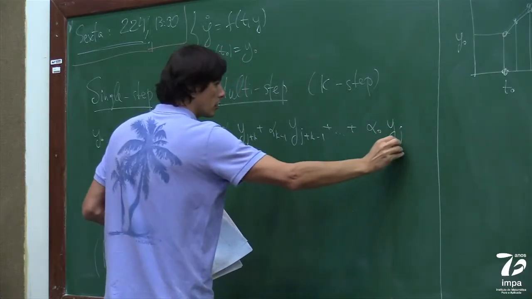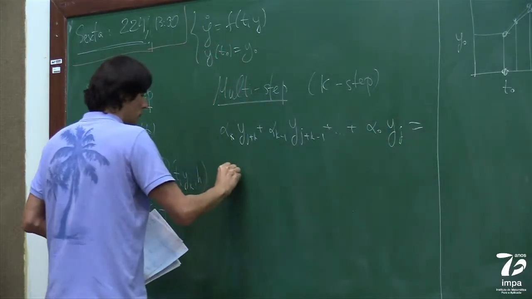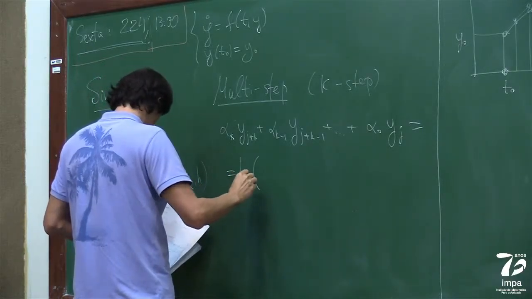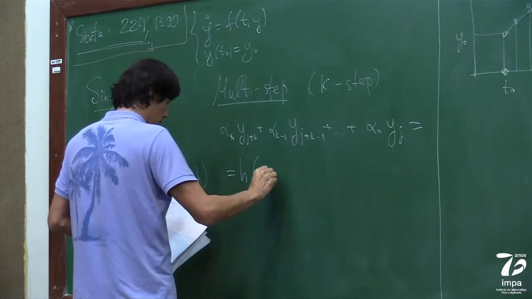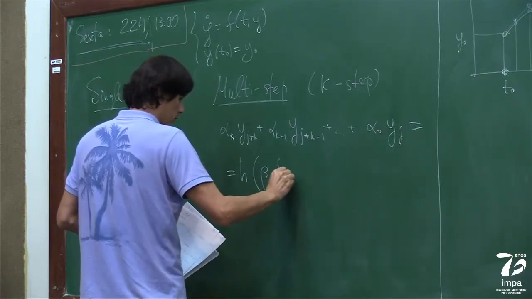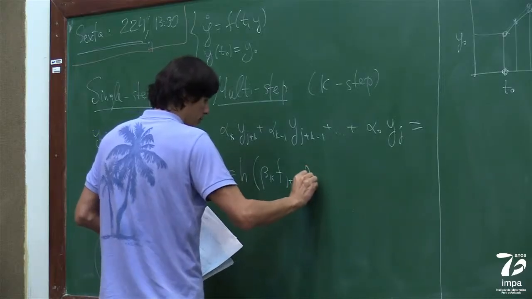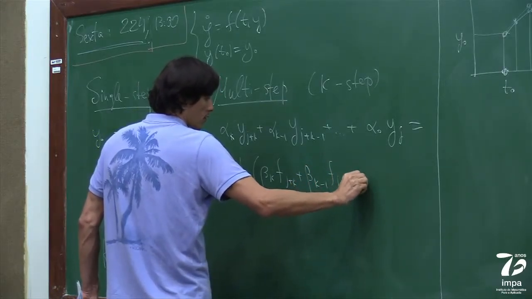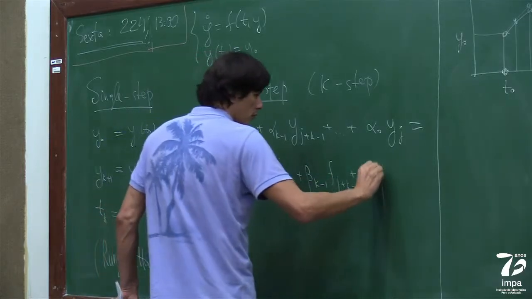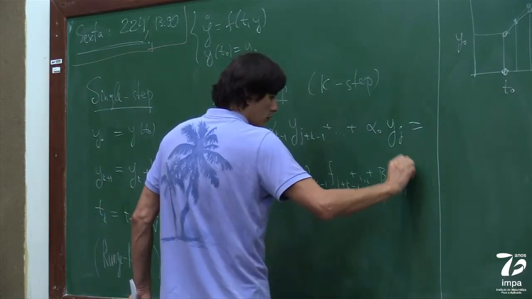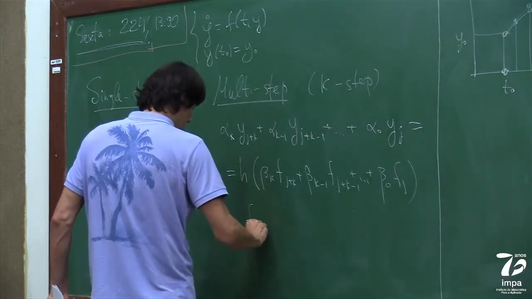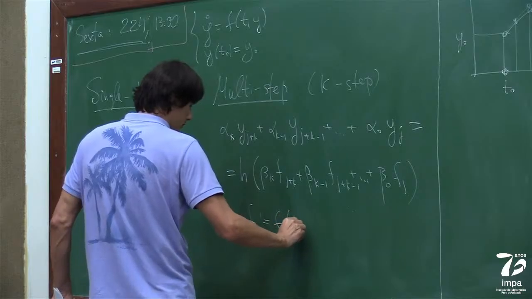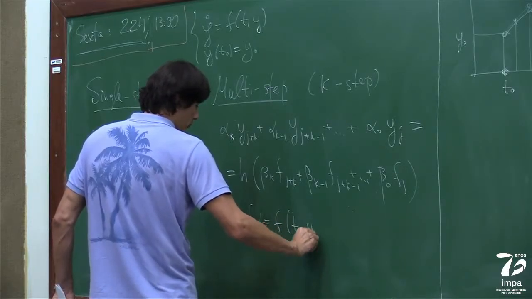This is equal to functions, and this is with betas, no? So time step, and then beta k, j plus k, beta j, where f j is the function computed at time and position.